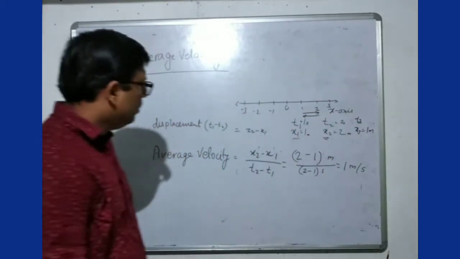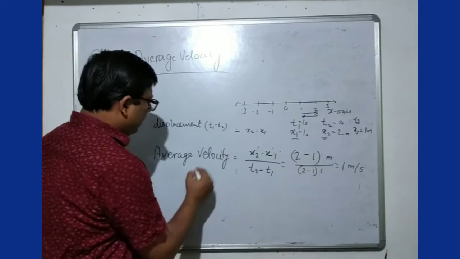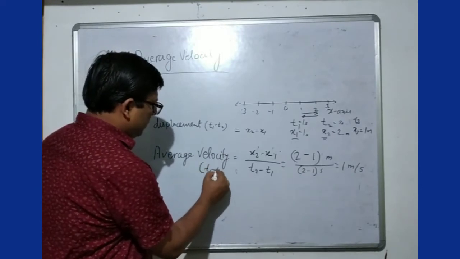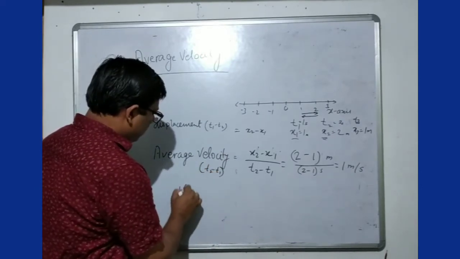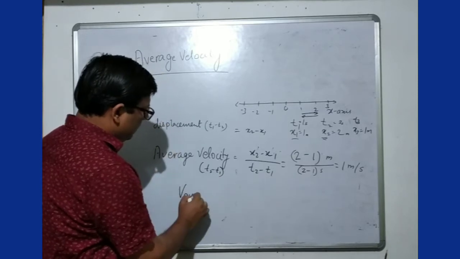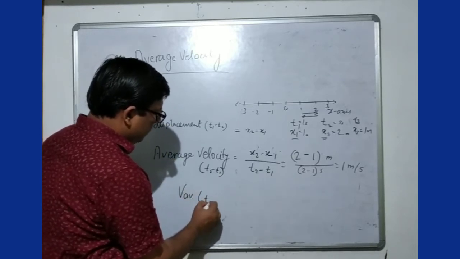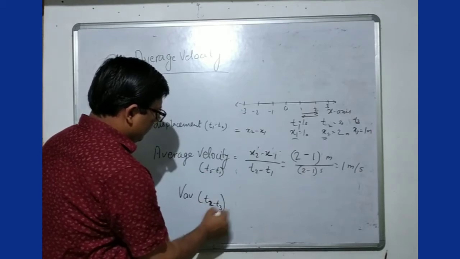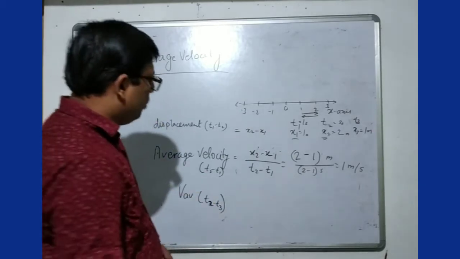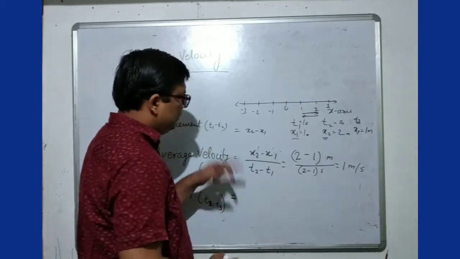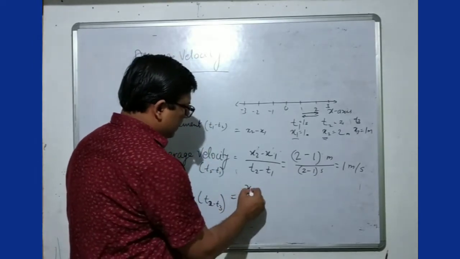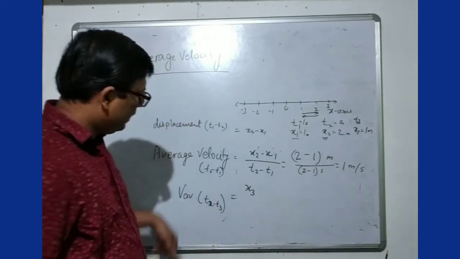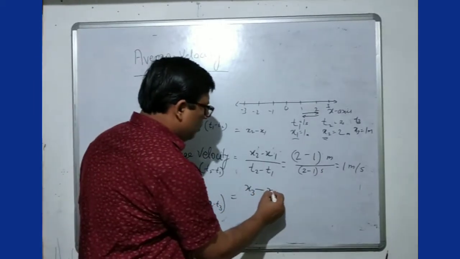So what will be the average velocity in the time interval t2 to t3? What will be the position at time t3, that is x3? What is the position at time t2, that is x2?